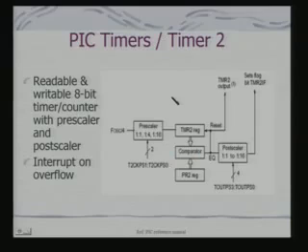There is another timer, called timer 2, which is a readable and writable 8-bit counter with both prescaler and postscaler. Here we have shown its configuration. Whenever we are using a prescaler or postscaler, this is the basic structure. So what do you find? The input here, I can set different values to the prescaler.